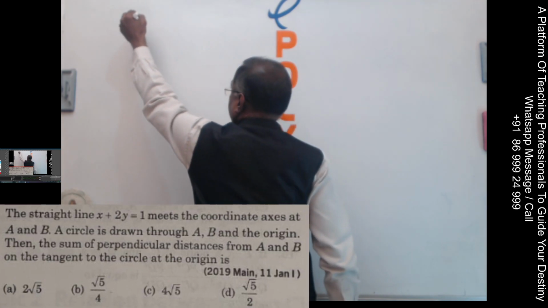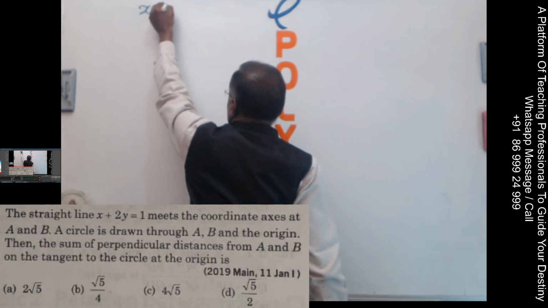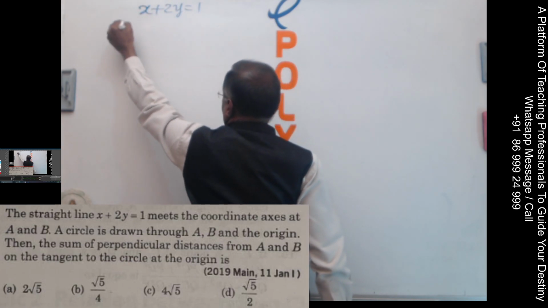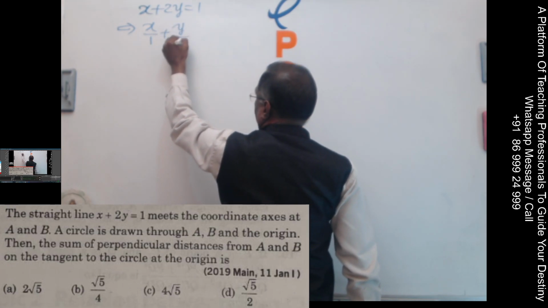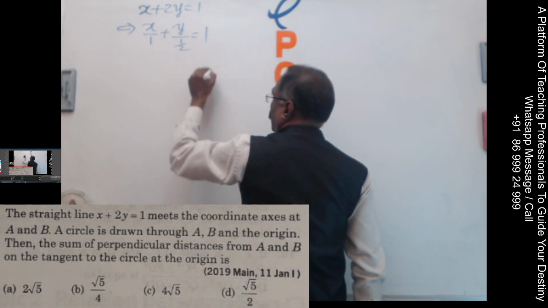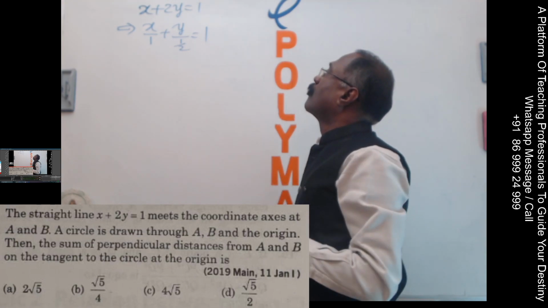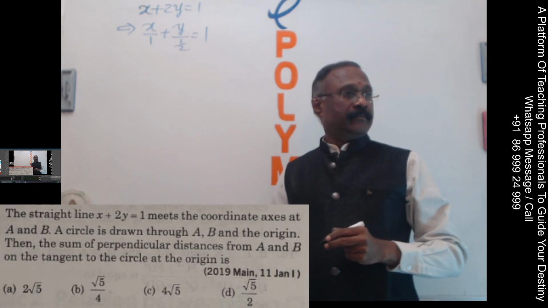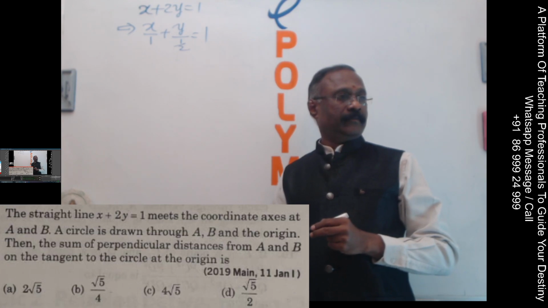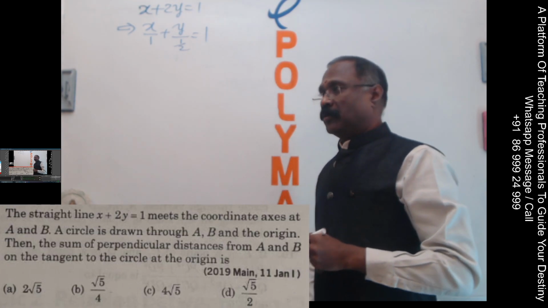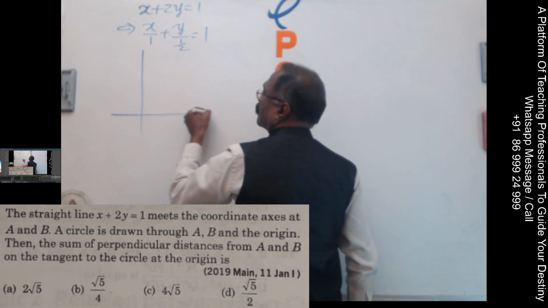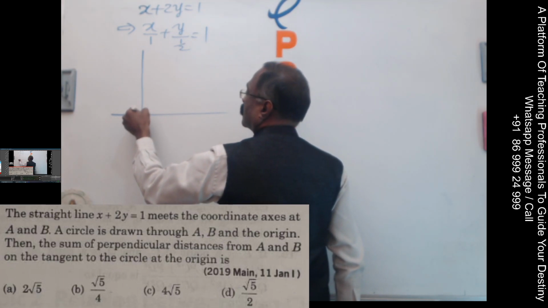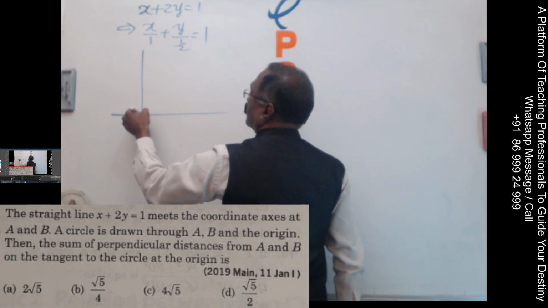x plus 2y is equal to 1 is the line, in the intercept form x by 1 plus y by 1 by 2 equal to 1. That is the intercept form of the line equation. Now the circle is passing through the origin and making an intercept of 1 unit here.